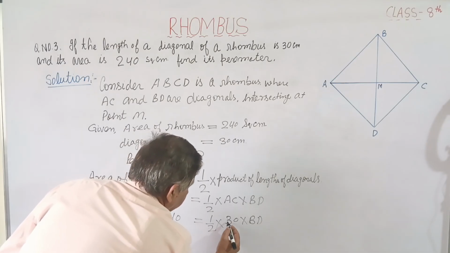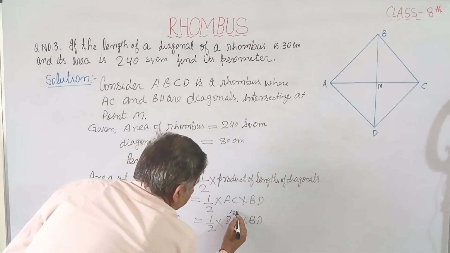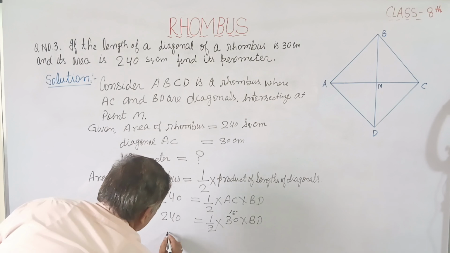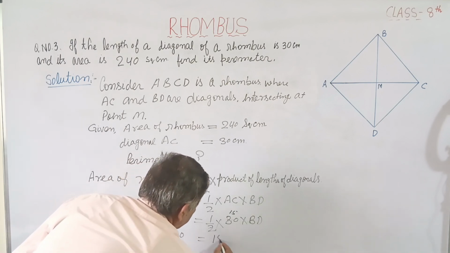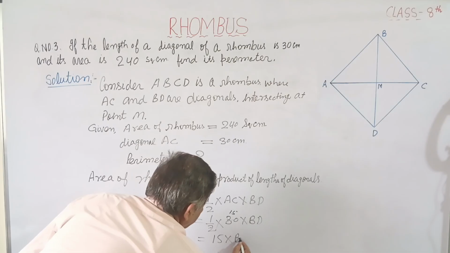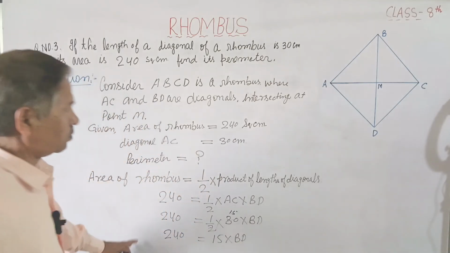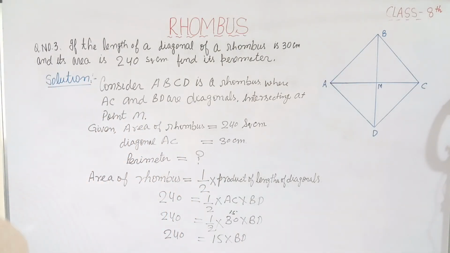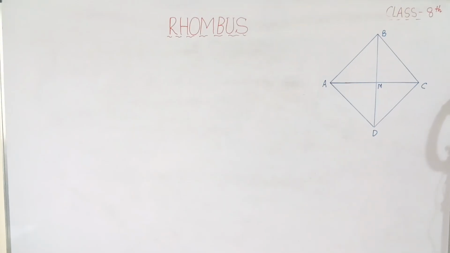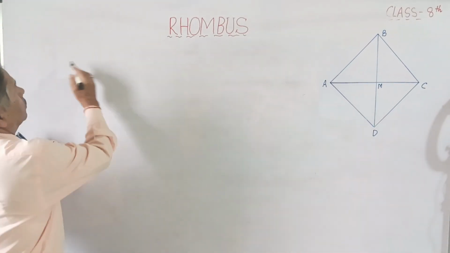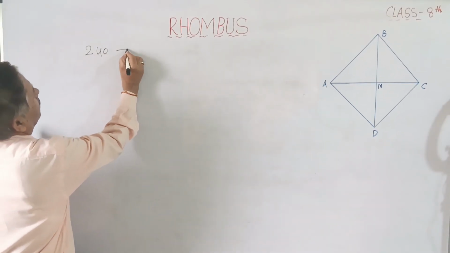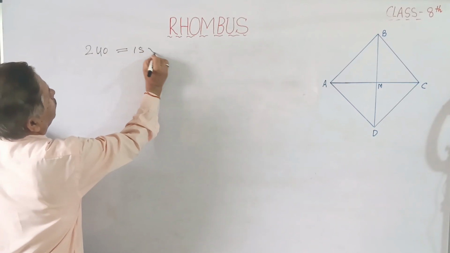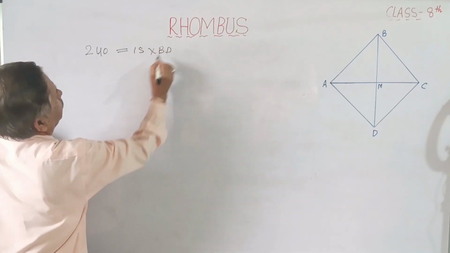So this cancels this, that is 15. So 240 equals 15 into BD.